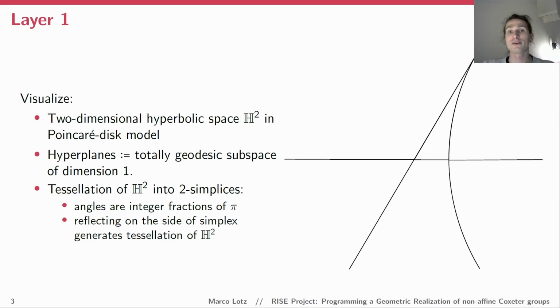The pictures that we created have two layers, and the first layer basically is the two-dimensional hyperbolic space in the Poincaré disk model.